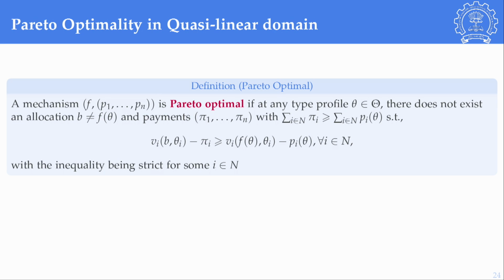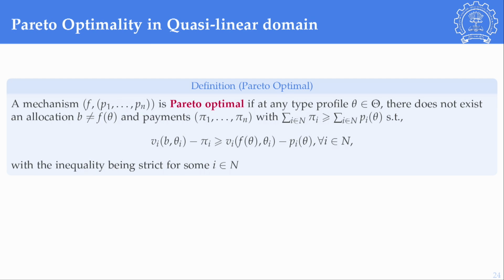Suppose this thing is true. So this is a kind of a negative definition. It is saying that there does not exist any such b and pi 1 to pi n such that everybody can be weakly better off, and the inequality being strict for some i in n. So this inequality is satisfied for all n. Let us say some j, it is strict.